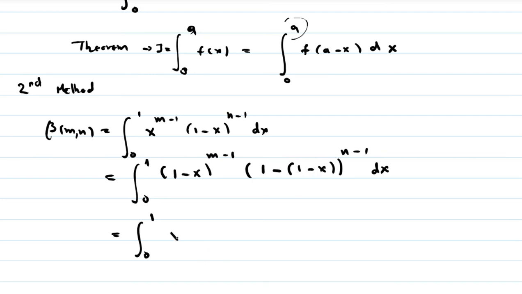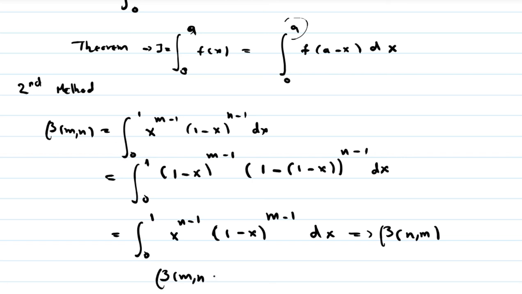This becomes x raised to n minus 1 into 1 minus x raised to m minus 1, all of this dx. So this is the second way to prove that beta of m, n is equal to beta of n, m. This was the second property.